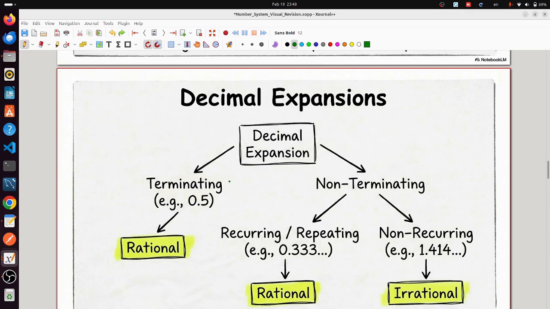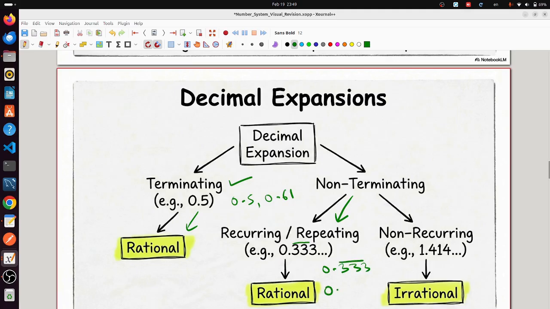Rational numbers are always terminating, as I told, like 0.5, 0.6 or 0.61, something that terminates. So these are rational numbers. If it is non-terminating, then it is also a rational number, but the digits should repeat, like 0.3, 0.333, this is repeated.